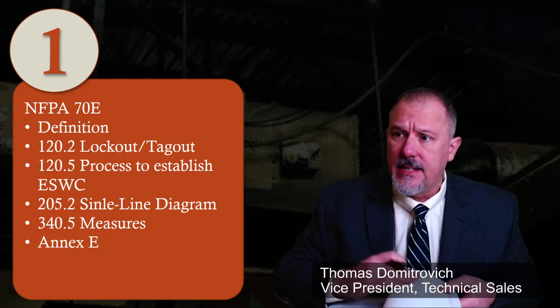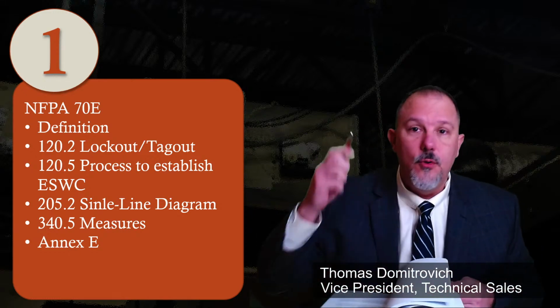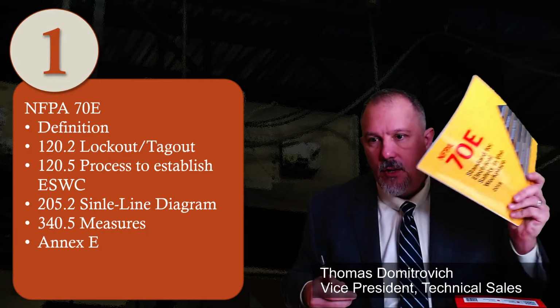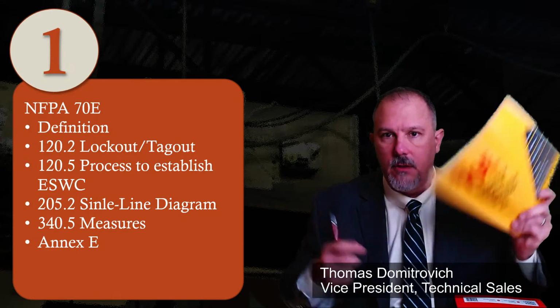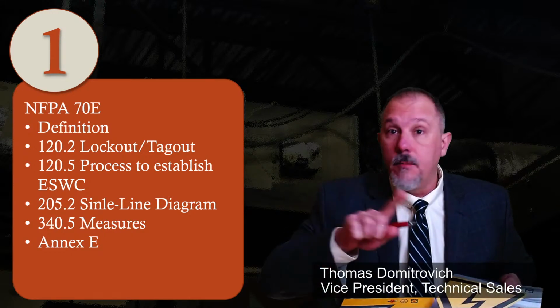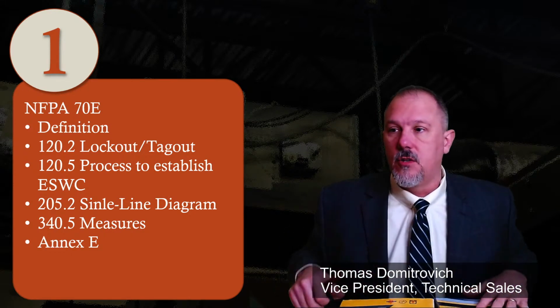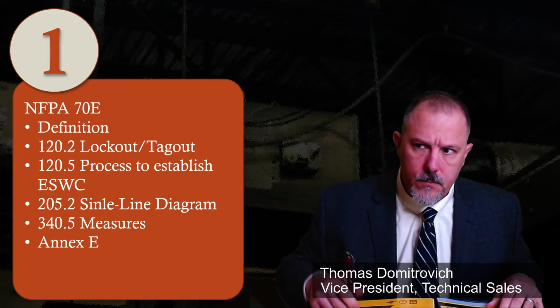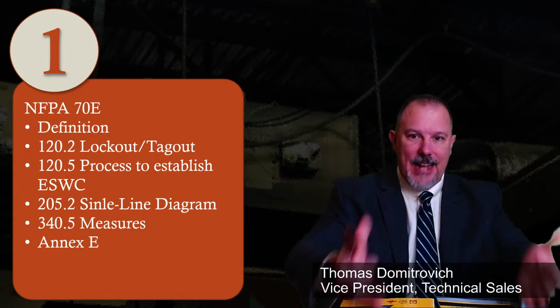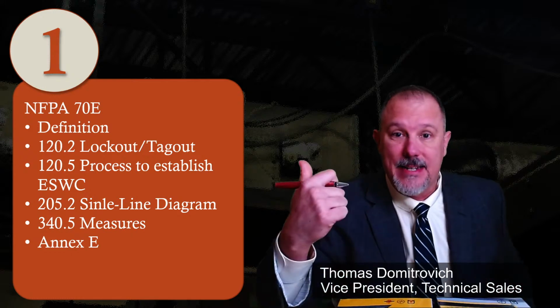But suffice it to say, 120.2 lockout tagout. I know that I used the 2018 version for 120.2, not the 2021 version, so these numbers did change a little bit. They moved some things around on the 2021 version. Lockout tagout, obviously. I can't lock and tag out a piece of equipment. We talked about disconnects yesterday.